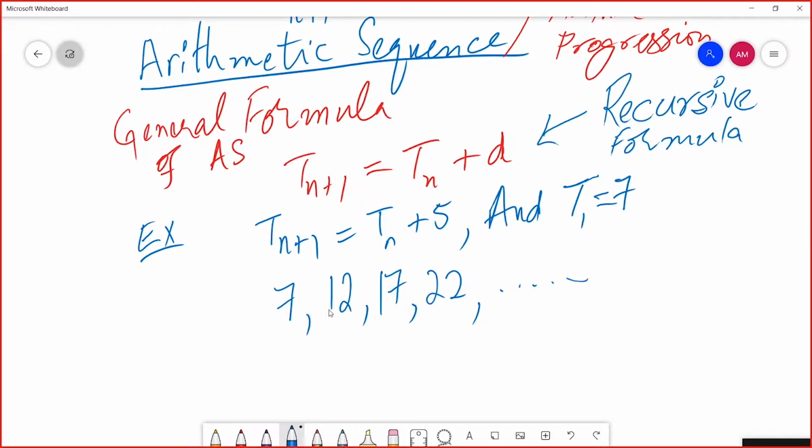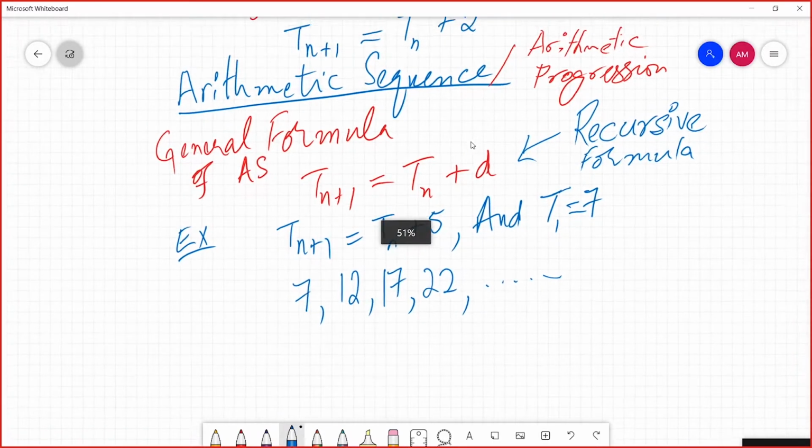To know 17, you have to know 12. To know 12, you have to know 7, because you are adding a constant difference. Here, the difference is 5, right? Does it make sense to you?